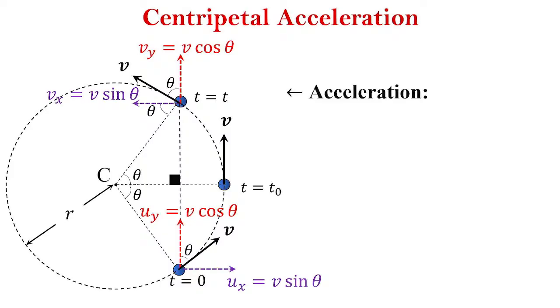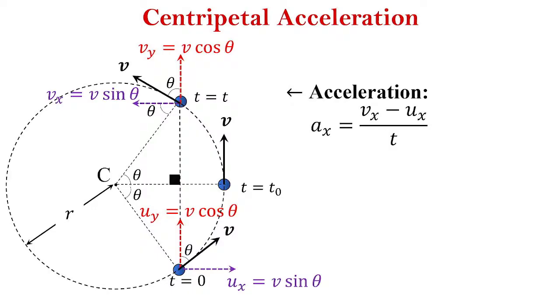So first of all, I take it to the negative x direction. When we take it to the negative x direction, right? Vx is V sin theta.